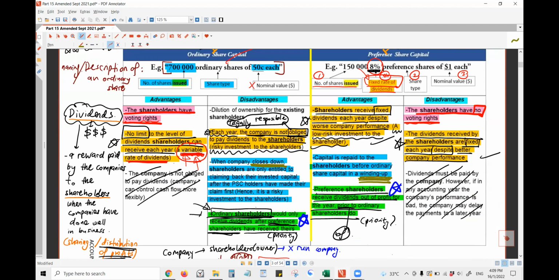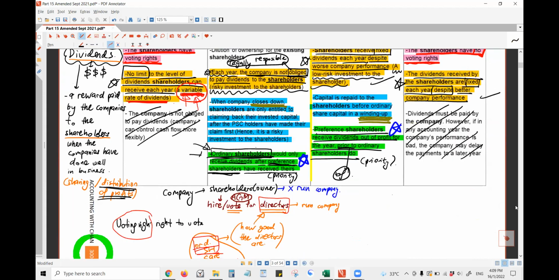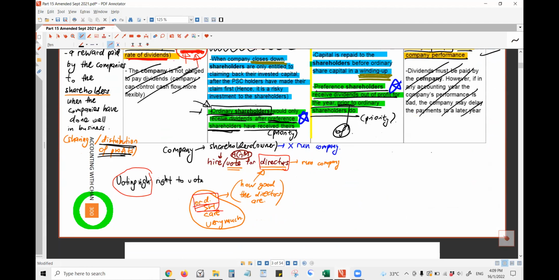Now, what are we going to discuss here? You draw a flow chart together with me using some area under this table. Okay, so you write down: when company closes down.